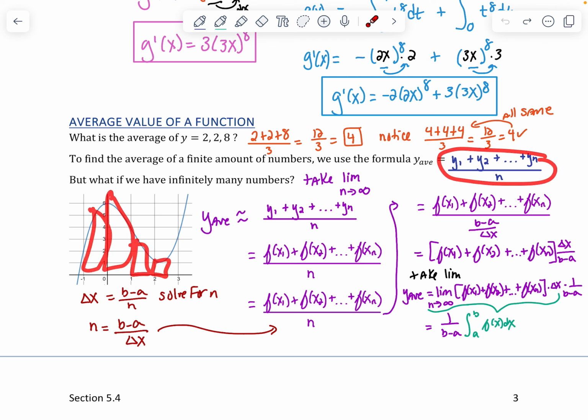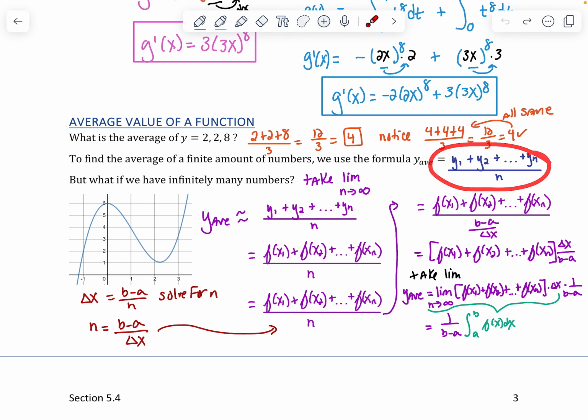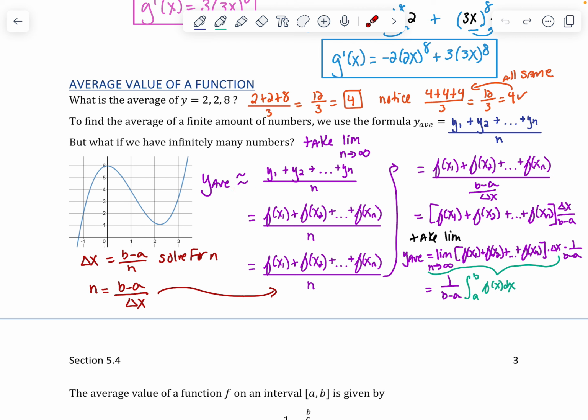But we said we're going to be far more accurate if we have infinitely many rectangles. So normally we take the limit as this n goes to infinity, infinite number of rectangles. So I'm taking this line again, saying the average is approximately this, but let's go ahead and talk about it as if that function were equal.